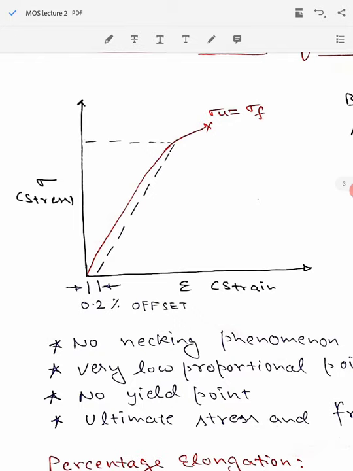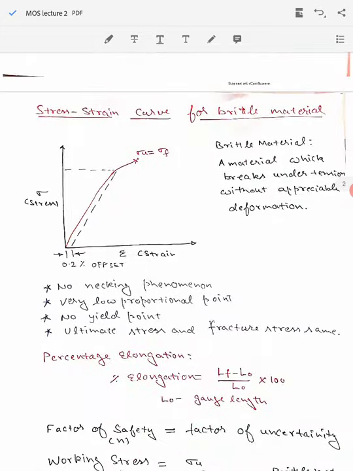There is no yielding of the component, so there is no appreciable deformation, and the ultimate point stress and the fracture point stress are the same. Now I have summed up here that no necking phenomena will take place. After sigma u, because there is a fracture of the component, there will not actually be necking. There is a very low proportional point in comparison to ductile material. There is no well defined yield point here, and ultimate stress and fracture stress are the same.